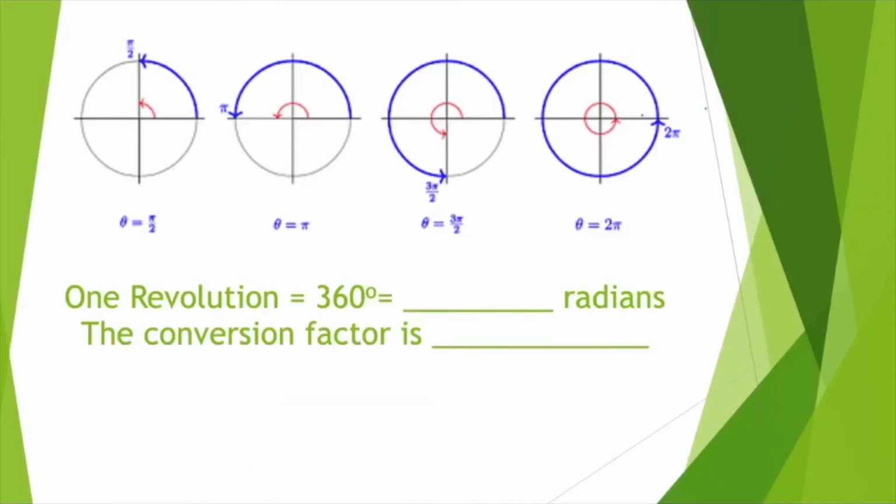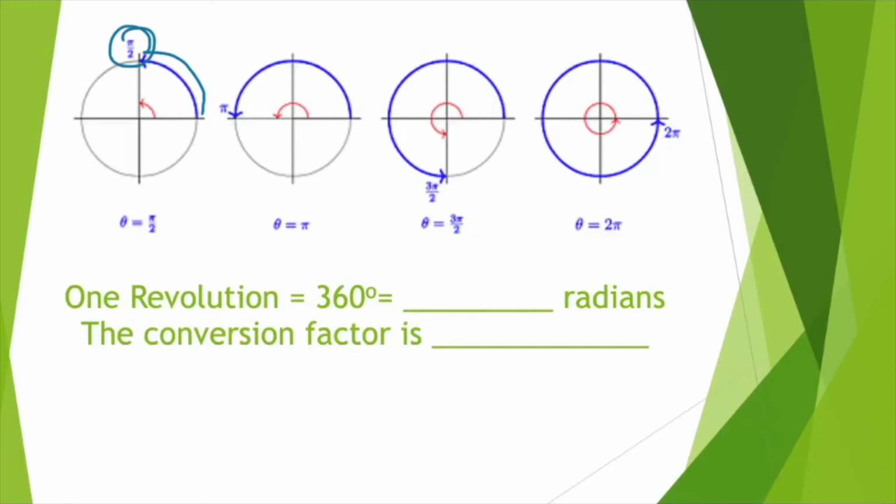We said that an angle is measured from the positive x-axis going counterclockwise. So if we go all the way around our circle, we said that was 2 pi. But what if we only go part of the circle? What if we go halfway? Well, half of 2 pi is pi. What if we only go a quarter of the way around?